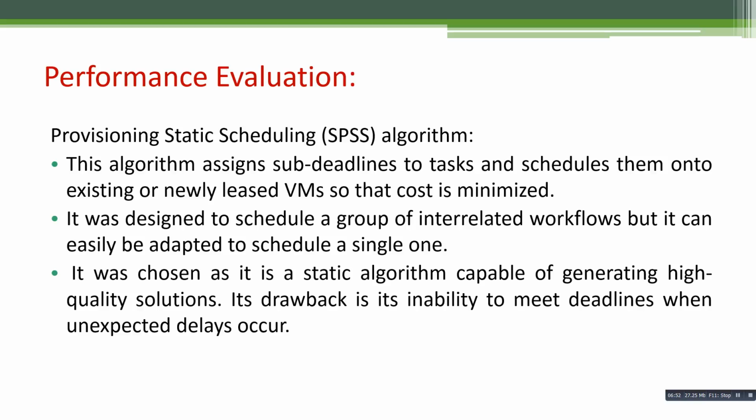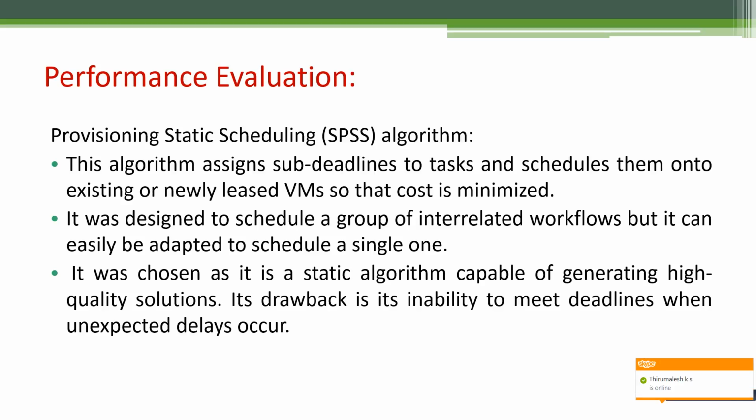Performance evaluation. There are again two types of evaluation done. The first one is the provisioning static scheduling algorithm. This algorithm assigns sub-deadlines to tasks, like it assigns the deadlines for each and every task here, and schedules them onto existing or newly released virtual machines, so that the cost is minimized.